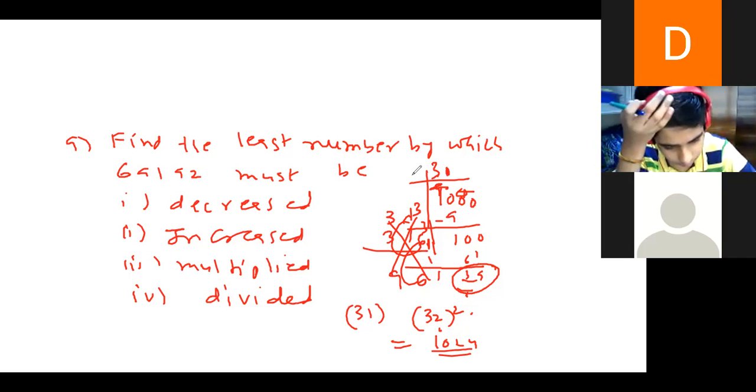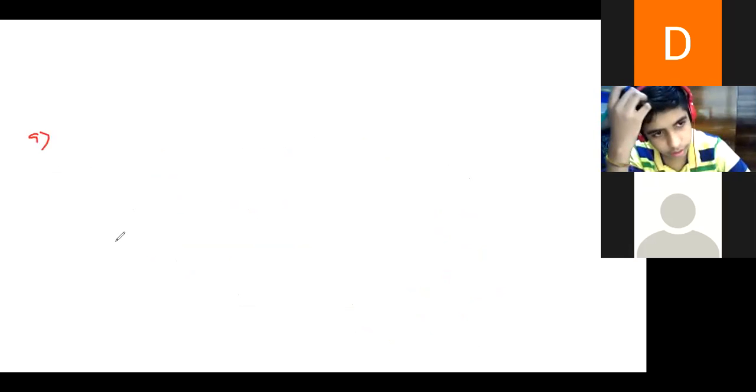So can I clear this ninth one from the screen first? Yes, sir. If it is a perfect square, then the remainder will come 0. If it is not coming, then you have to add or subtract that to the number. I tried it now, but the remainder is coming 23.